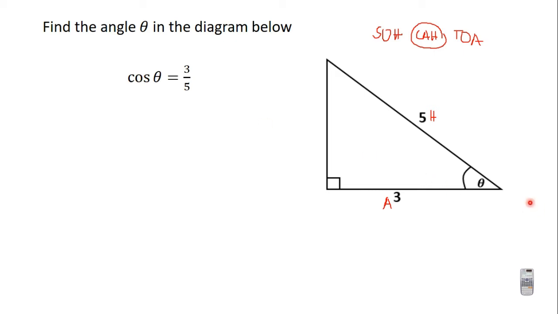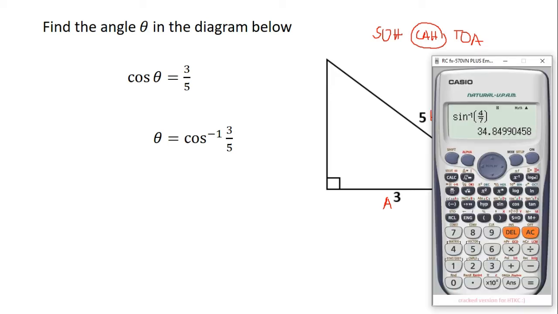So cos of this angle, which is theta, cos theta is equal to the adjacent, which is 3, then hypotenuse, which is 5. So it means that theta is equal to, you find the cos inverse of 3 over 5. Just as we did when we were finding sine inverse, you are going to do the same thing with cos inverse. So here, you switch on your calculator, you press on shift, you press on cos to get cos inverse.